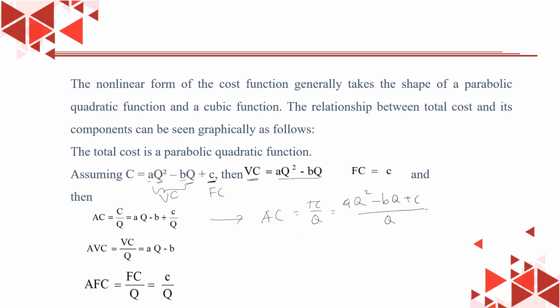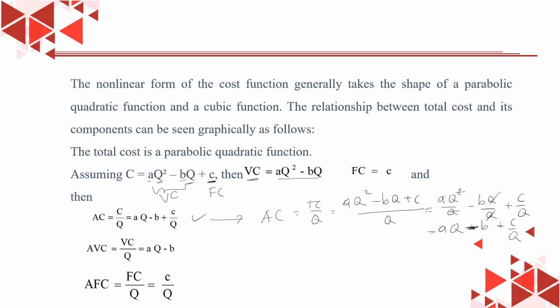And you can separate each part of the fraction: aq quadrat over q minus bq over q plus c over q. So the q can be erased. It is now aq, minus b, plus c over q. So this is the same with this one.